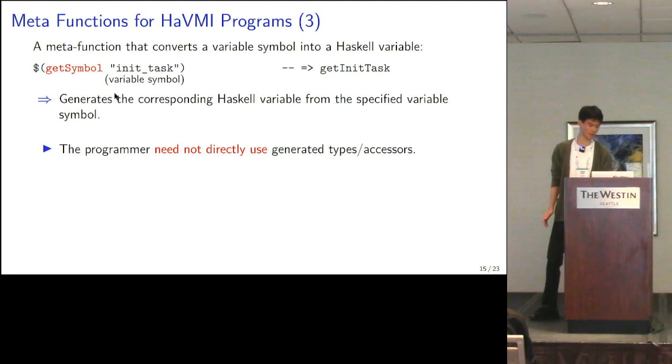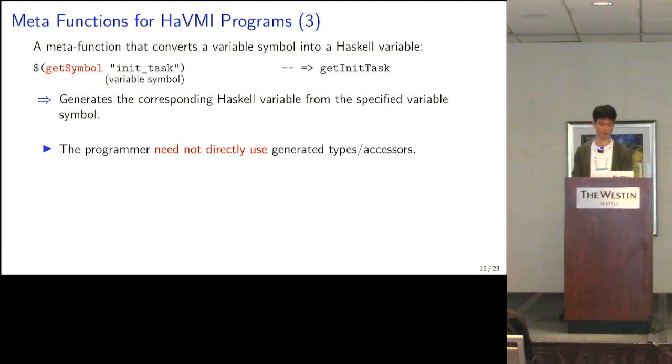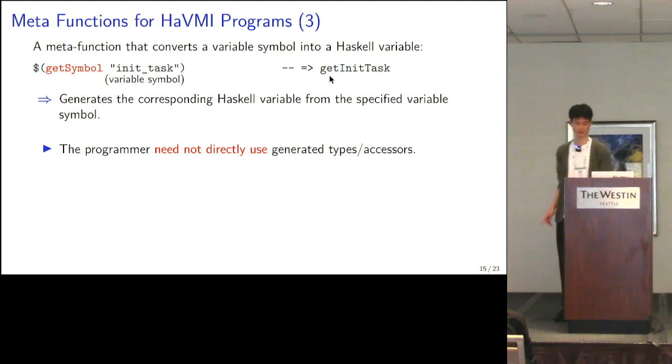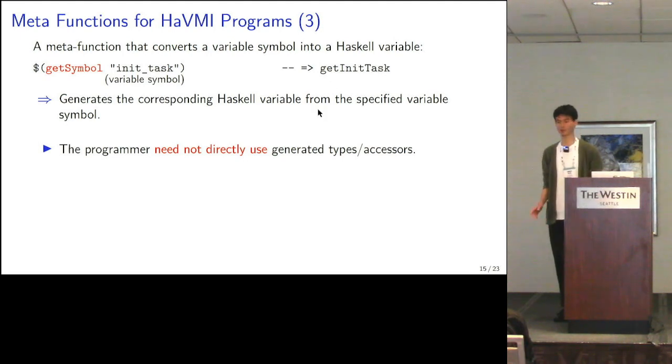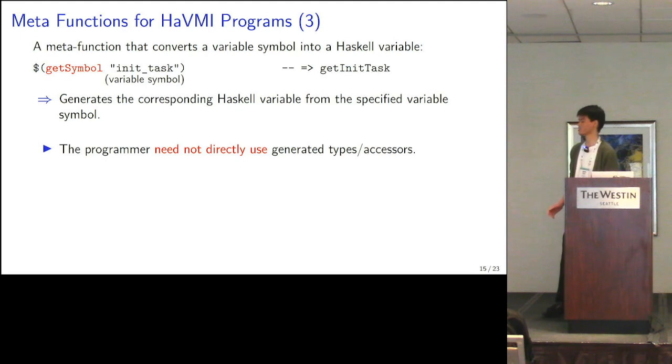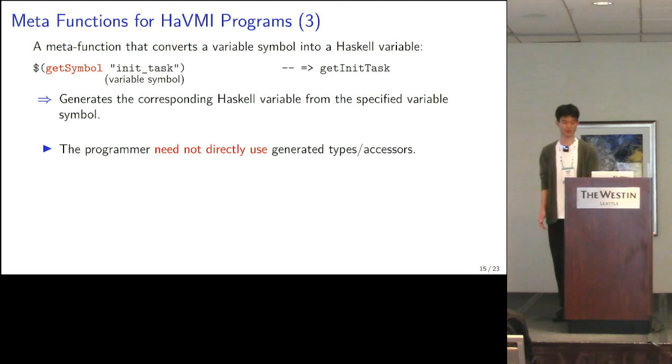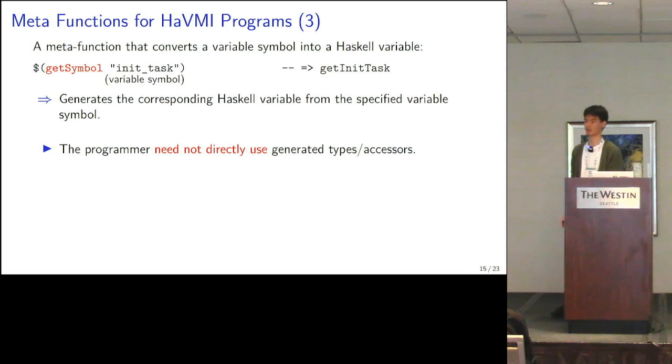This is the get symbol meta function, which takes a variable symbol and generates the corresponding Haskell variable get init task from the specified variable symbol. By providing these meta functions and meta operators in the prior slide, the programmer need not directly use the generated types and accessors in their programs.